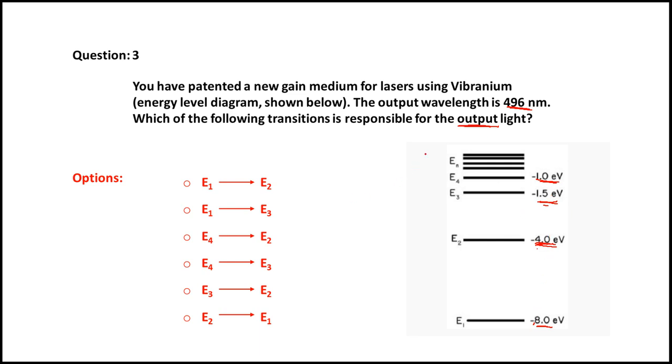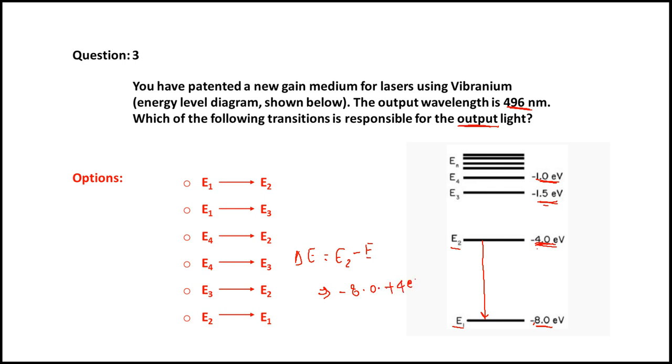So basically, I'll just suppose the output wavelength is from this level to this level, that is E2 to E1. So first of all, I'll calculate the delta E. The delta E would be E2 minus E1, or okay, since the energy of E1 is lower, we'll just write minus 4 plus 8 electron volt.